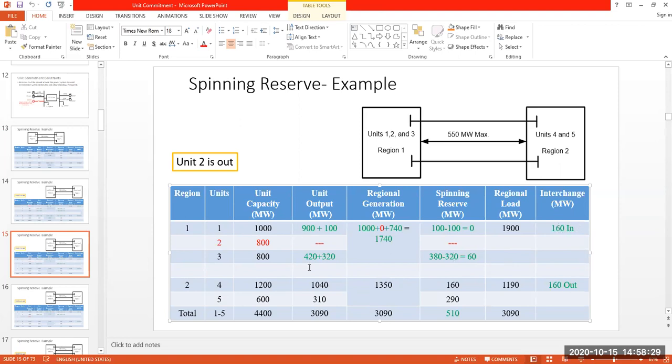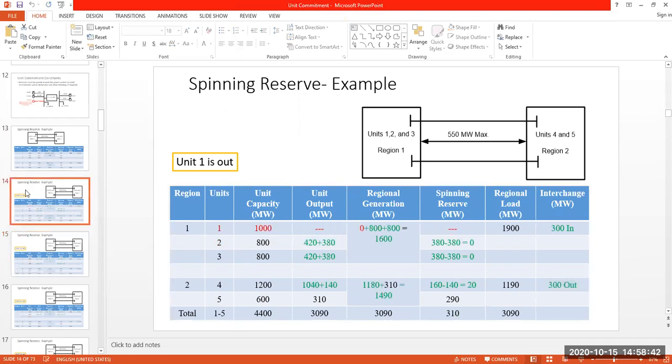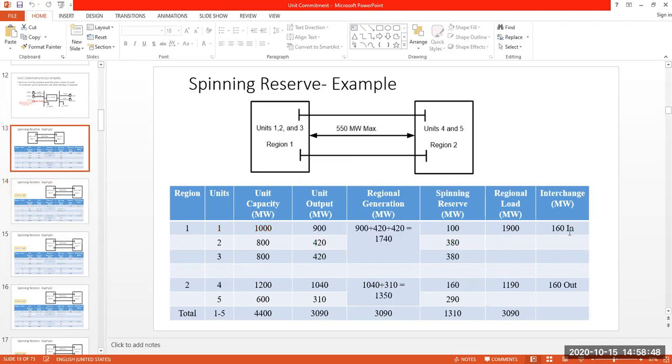Because whatever change is happening, it is happening within this region, so there is no change here. Clear? It remains at 160. Unlike the previous slide, in slide 14, it increased to 300, whereas the original one in slide 13, the interchange was 160.